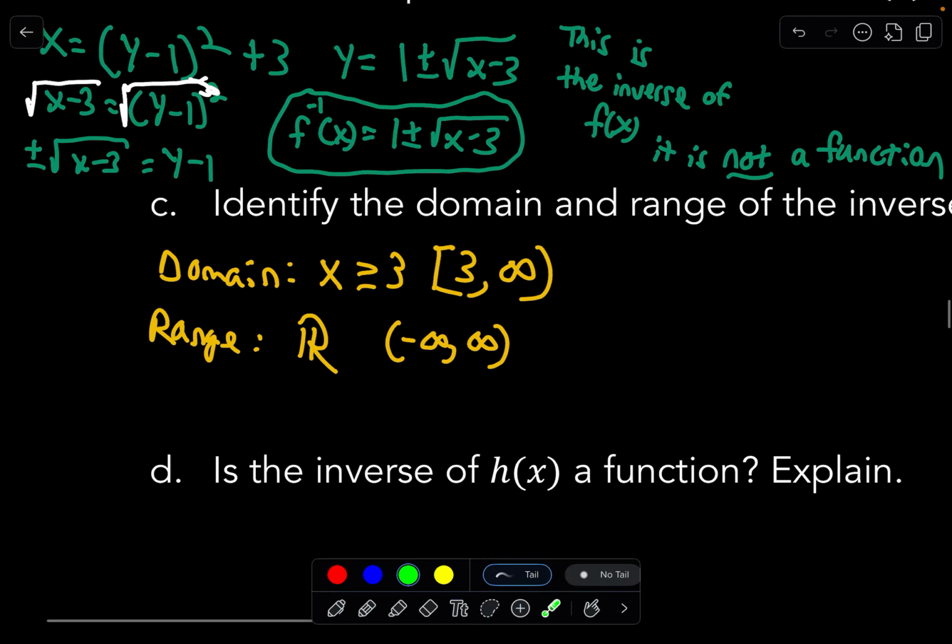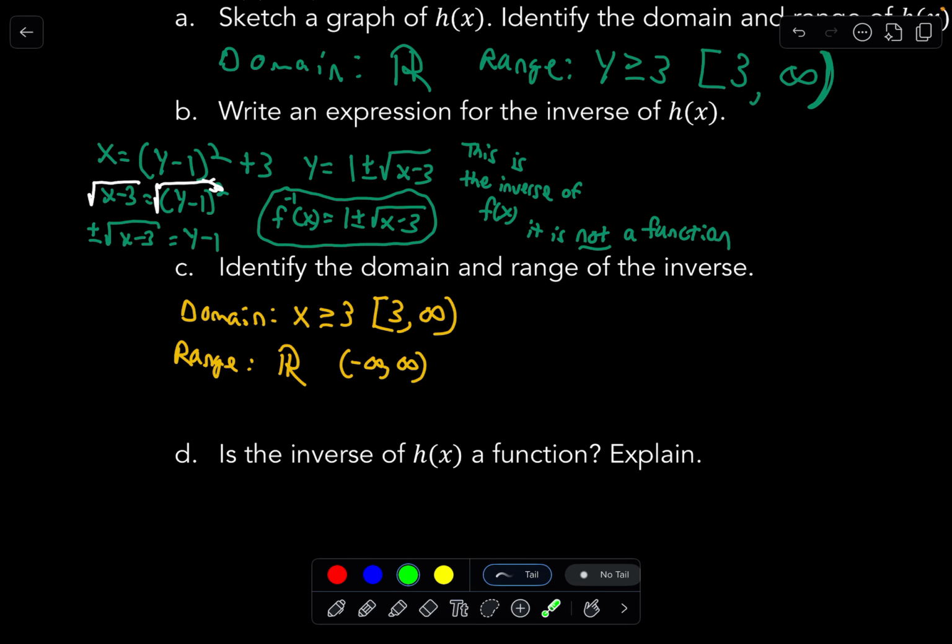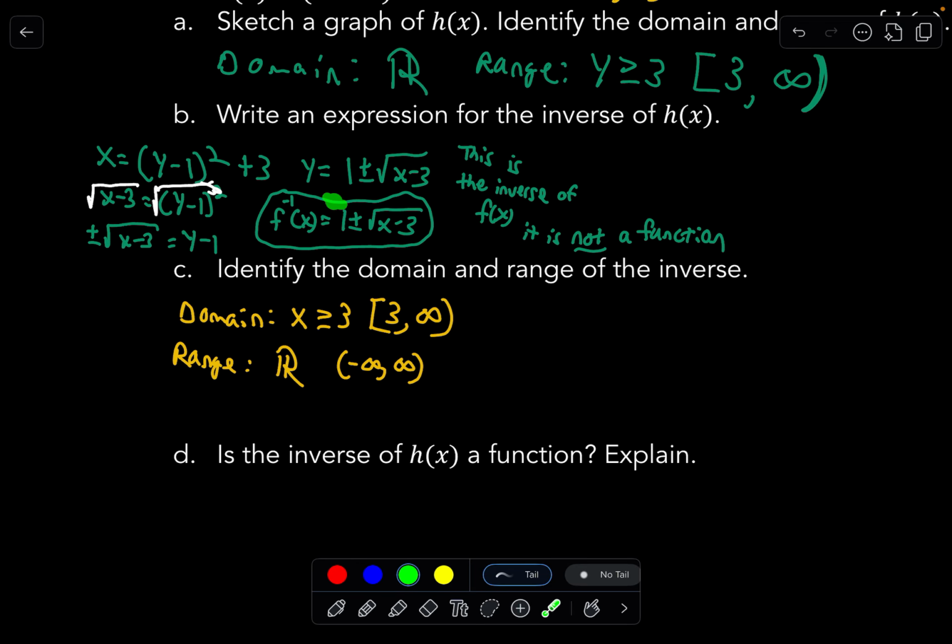All right? Now, is the inverse of h of x a function? Explain. No, it's not, as I've been saying. Because to find the inverse, we had to take a square root. We got plus or minus. That right there makes it not a function.